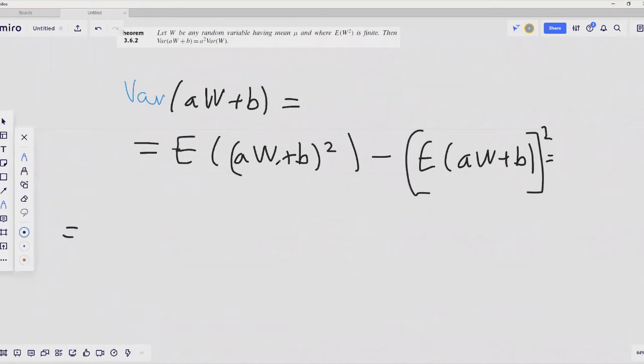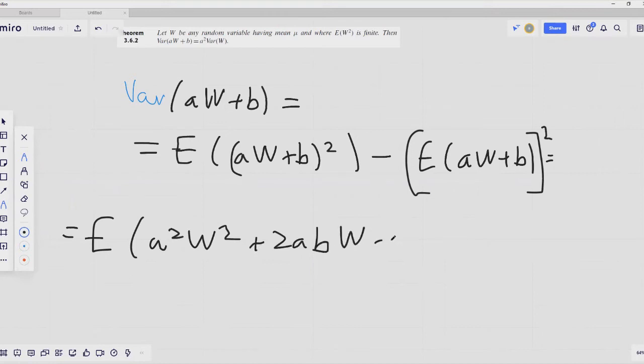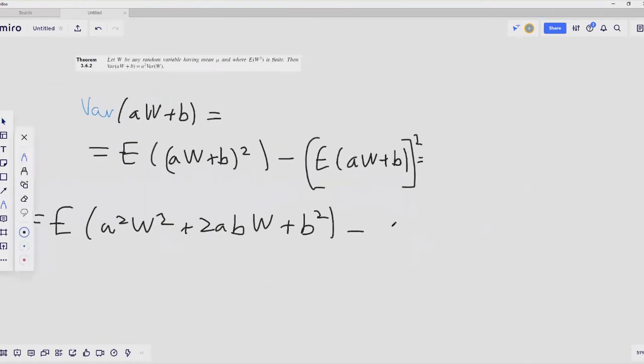Which is equal to, opening up the brackets here, the expectation of A squared omega squared plus 2AB omega plus B squared, minus, let's use the linearity property of the expectation operator.